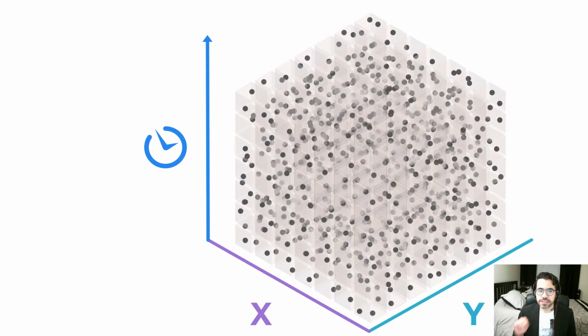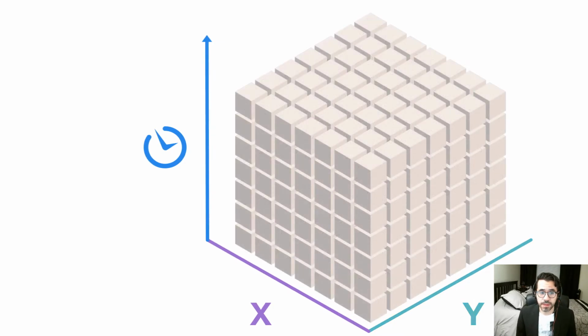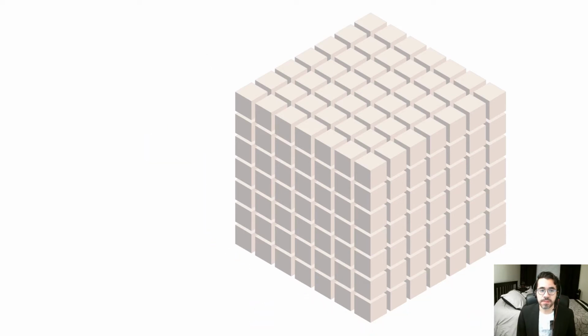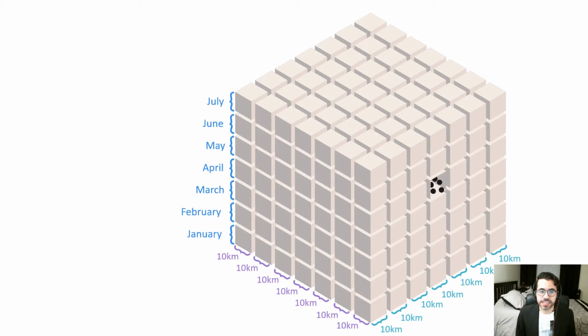Now, to aggregate this data in a way that also incorporates the temporal dimension, we can create a space-time cube. You can think of these space-time cubes as three-dimensional grid-like structures where points are aggregated based on their location on the ground and their place in time. For example, we have a 10 by 10 kilometer spatial extent for this one cube that took place within the same month.